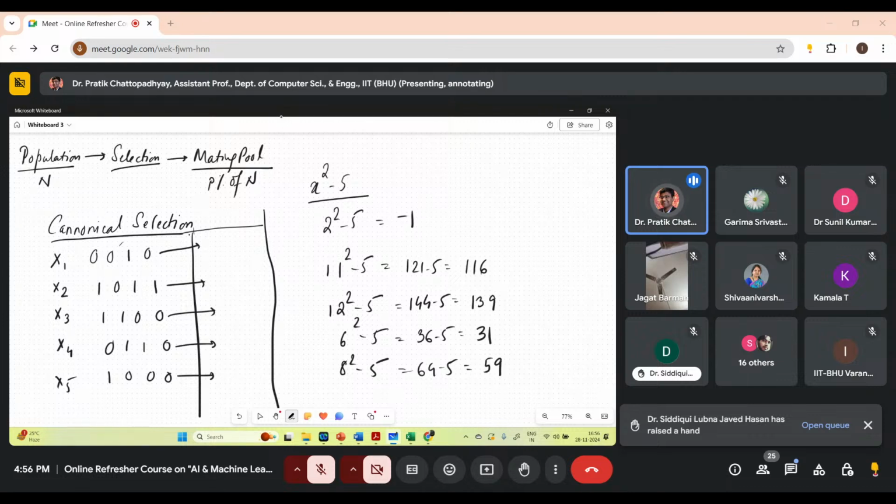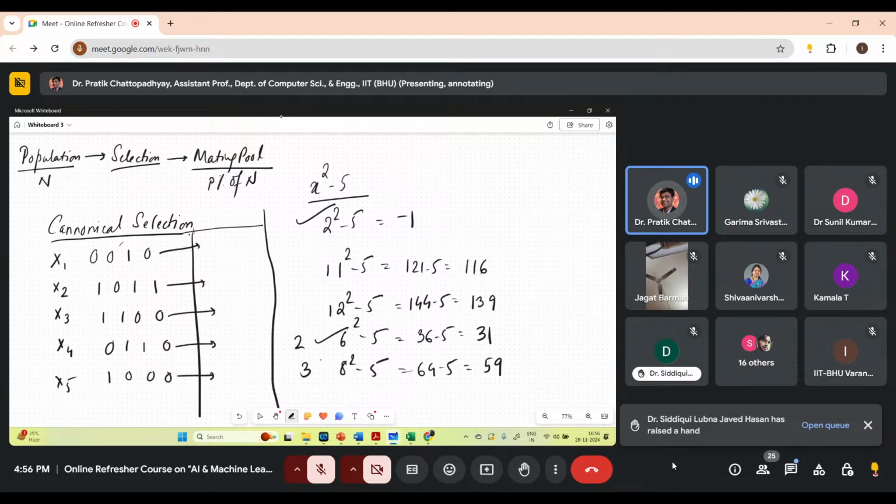So for each of these chromosomes I can get a number which indicates how well it minimizes this function. We can see this is the best answer among all of these. After this, probably this is the second best, this is the third best.